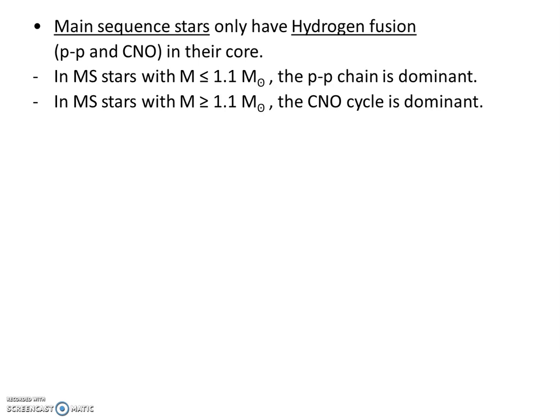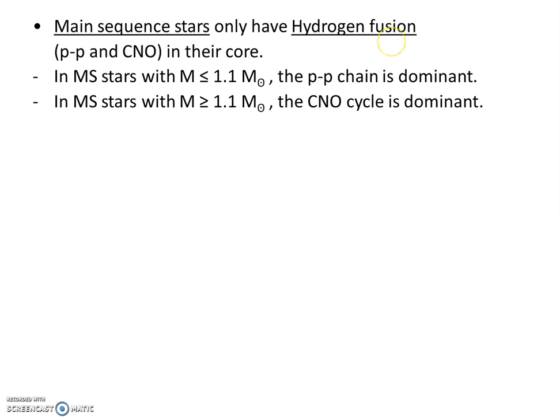That's the only process that goes on to create energy inside, the only normal process that makes a main sequence star shine. Okay? So that is another way to define main sequence stars. That's also why main sequence stars are so well behaved. That's why the more massive ones are brighter and the less massive ones are less luminous.